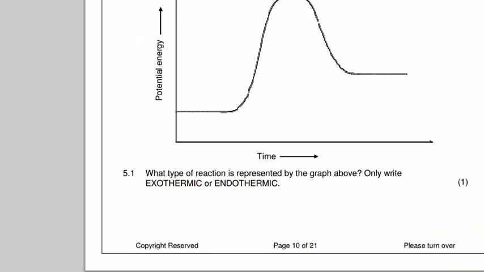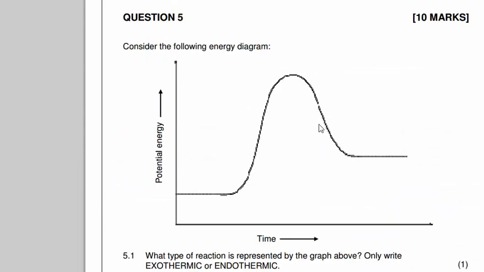It reduces the activated complex. Now, when you reduce the activated complex, what else gets reduced? The activation energy. The activation energy is the amount of energy I have to put in to make this reaction happen. Does that make sense?